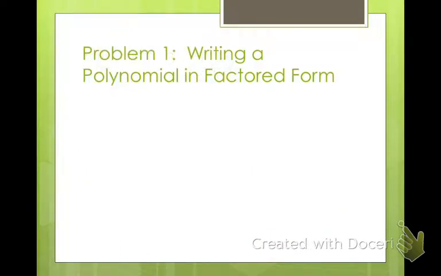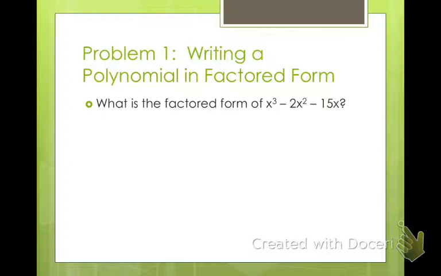Alright, so writing a polynomial in factored form. We want to factor x cubed minus 2x squared minus 15x. What do you notice about the three terms? Well, there's an x in each one of them, so let's go ahead and factor out that x. So I get x squared minus 2x minus 15. Now, can we factor this?